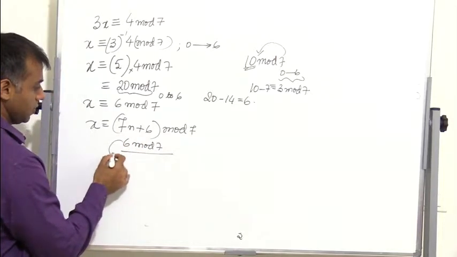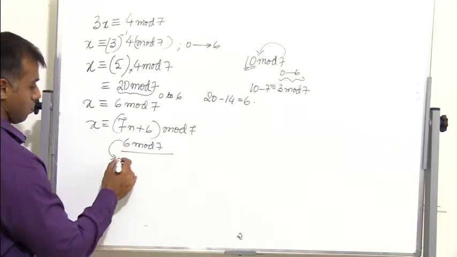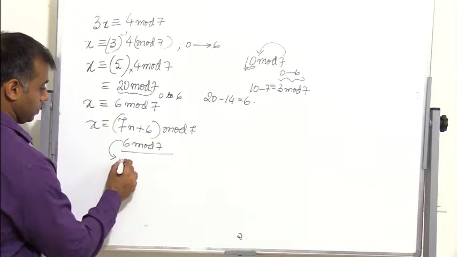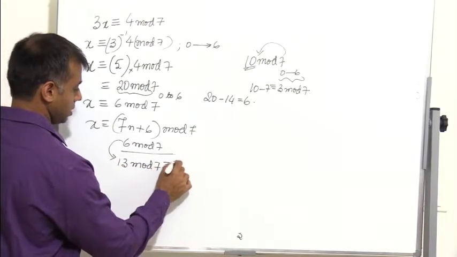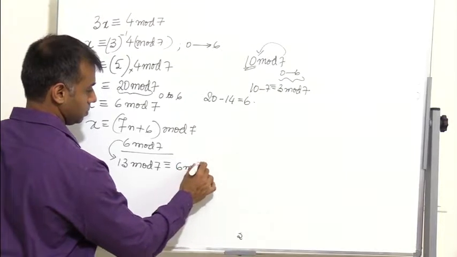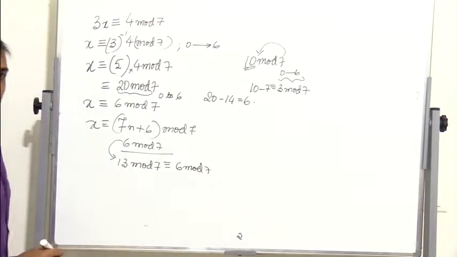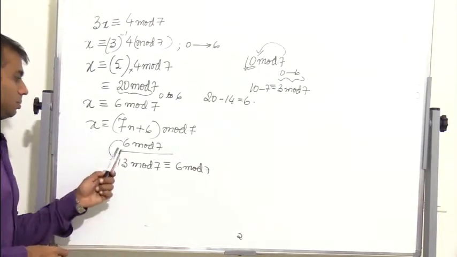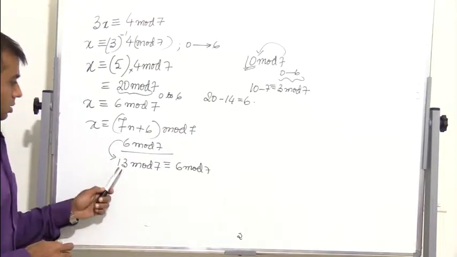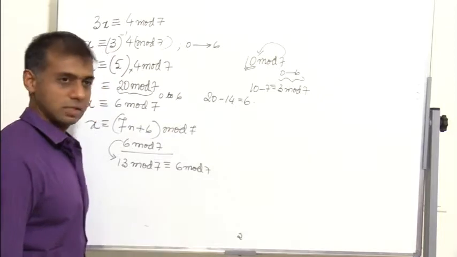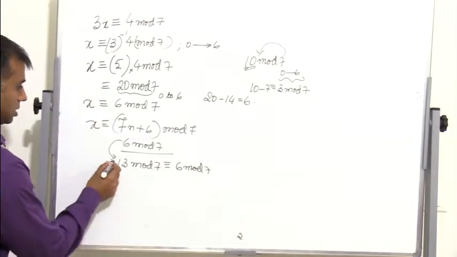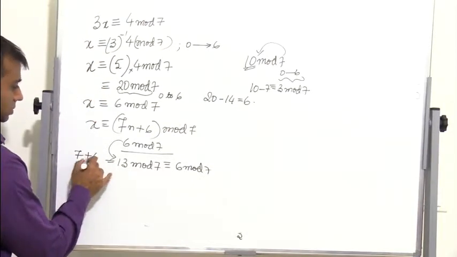If I add 7 to 6, 13 mod 7 is nothing but 6 mod 7. So 13 is nothing but 7 plus 6.